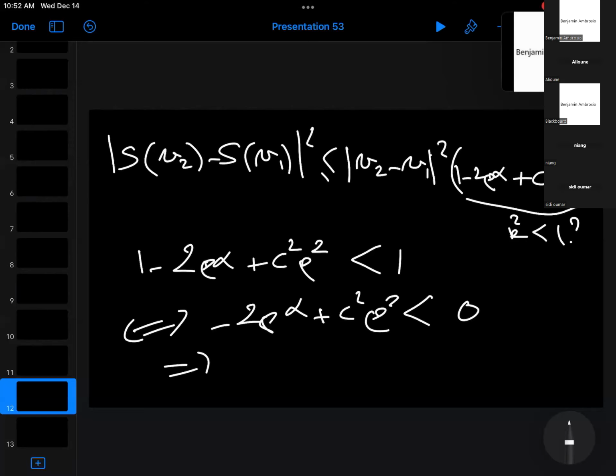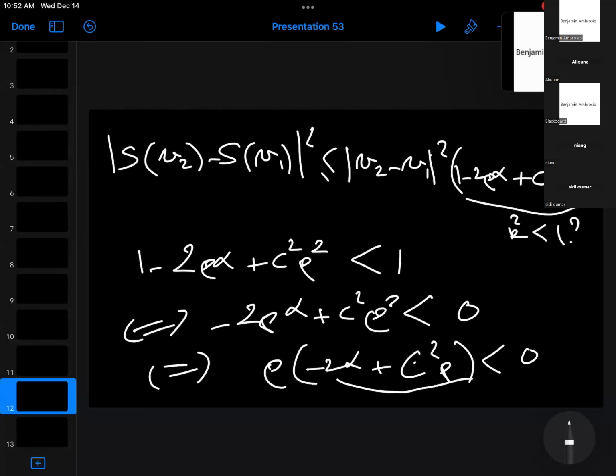So rho is a positive number, so I put it in front. This is equivalent to having rho times (minus 2 alpha plus C squared rho) less than 0. So it is sufficient to have minus 2 alpha plus C squared rho less than 0.